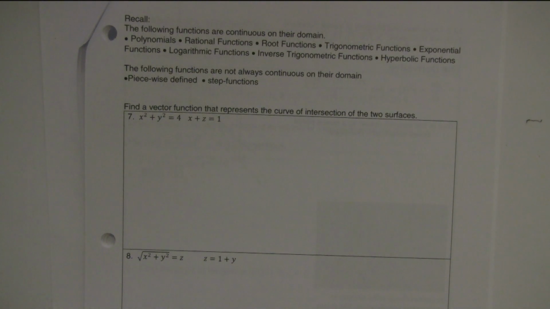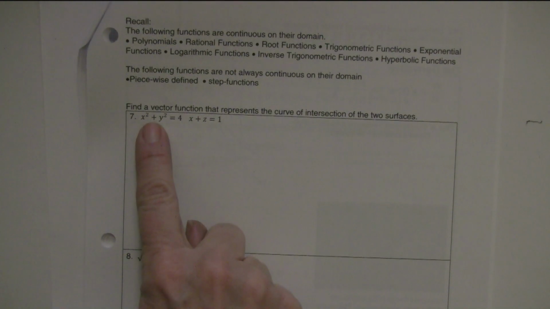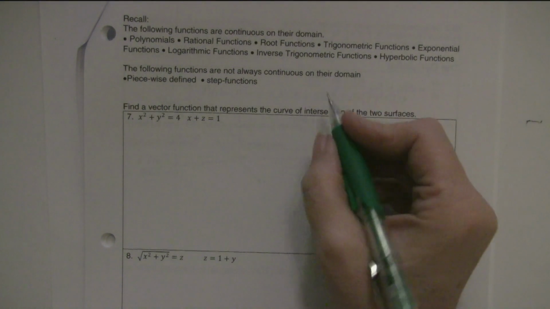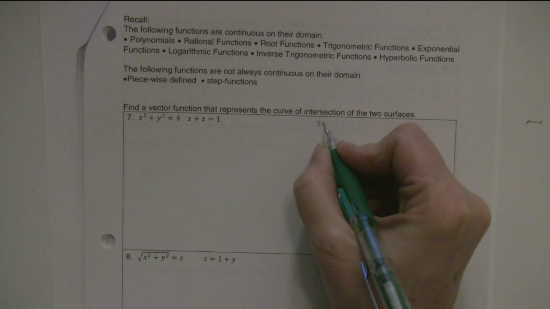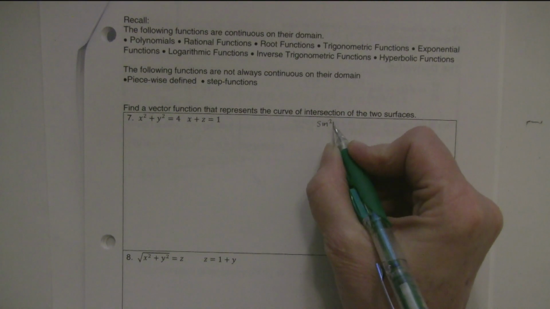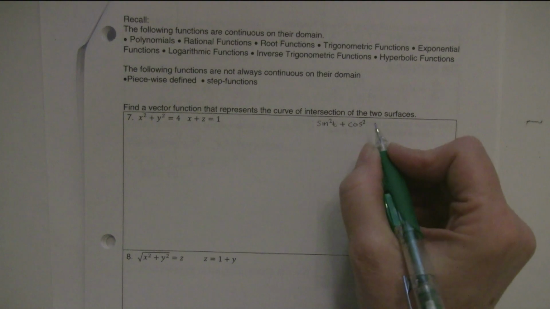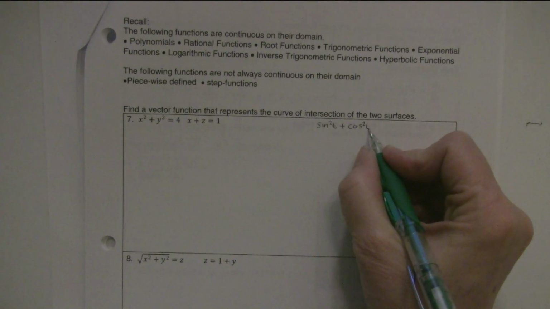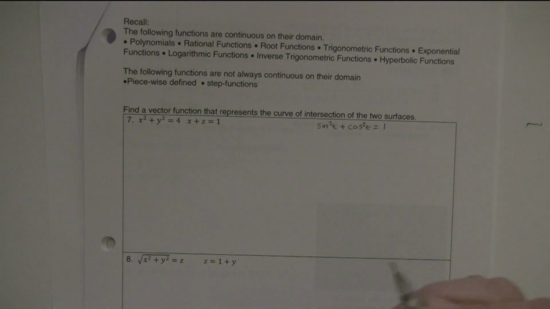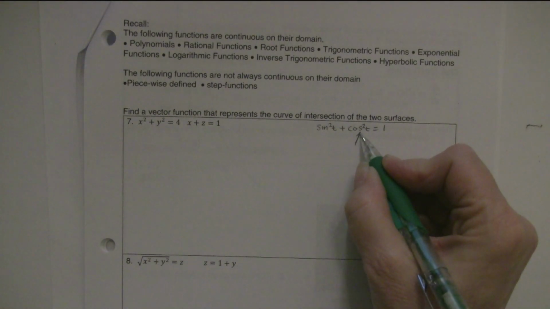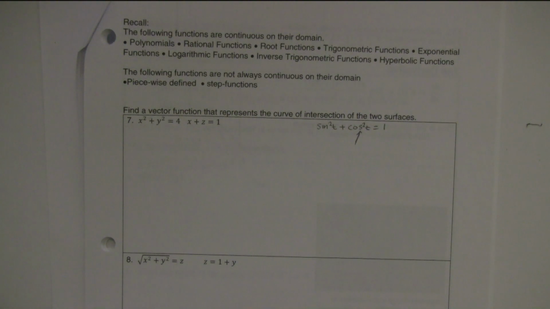Anytime you have something circular like this, that usually means you're going to try the sine and cosine because you have that trig identity, sine squared t plus cosine squared t equals 1. More often than not, when they're defining the x, they put it with cosine.